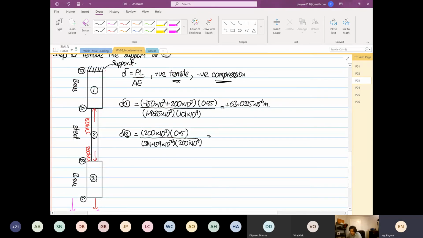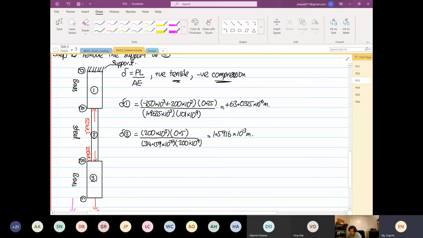This is in a mode of tension. So it's equal to 1.5916 times 10 to the power minus 3 meters.